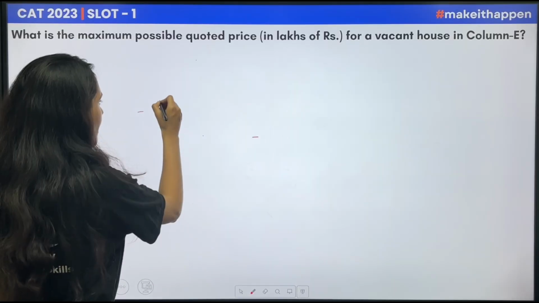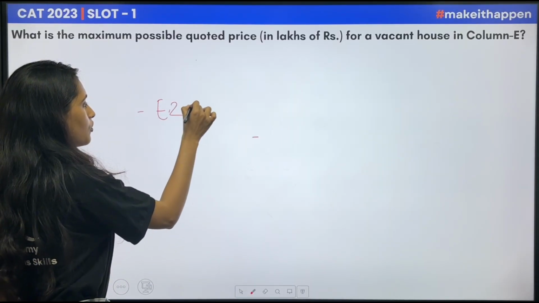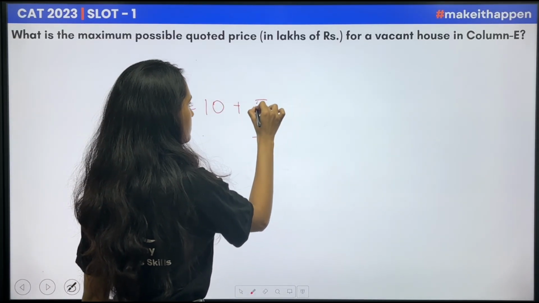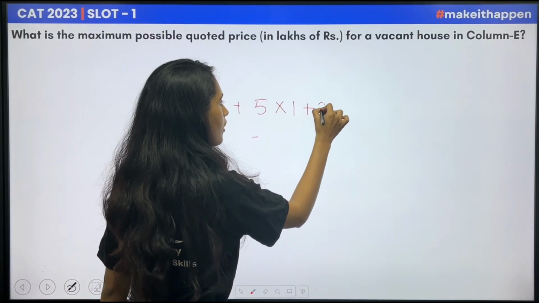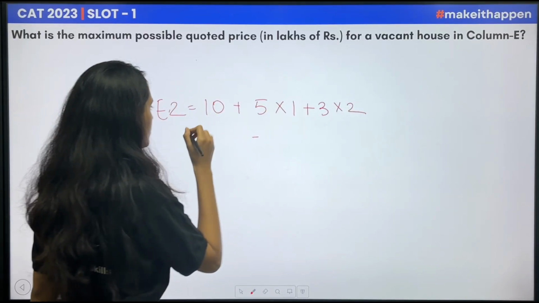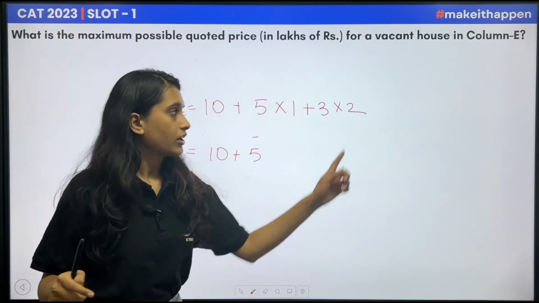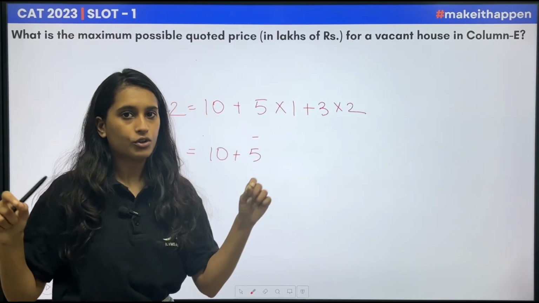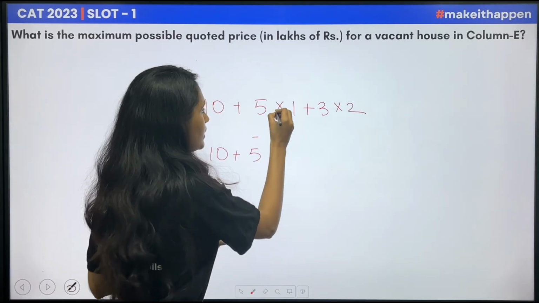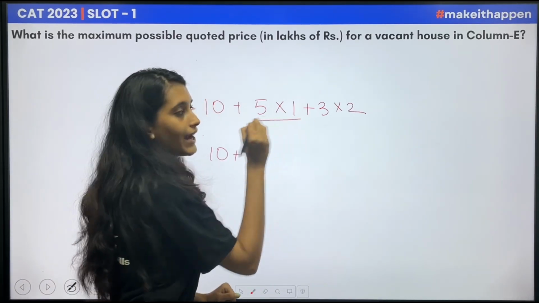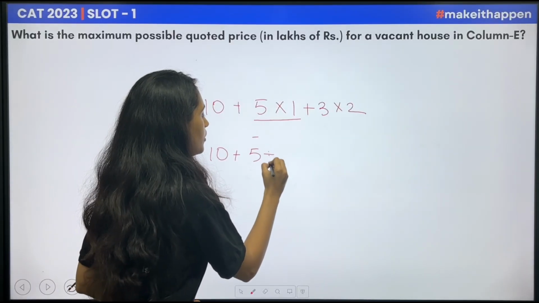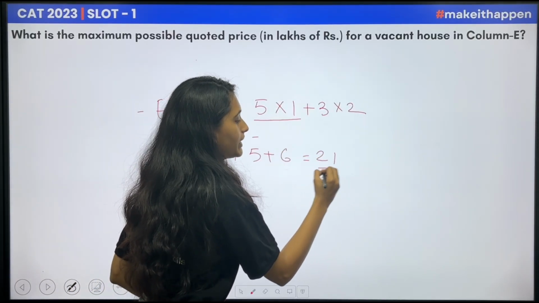E2 does not have a parking space. So, the maximum can be such that both D2 and F2 are occupied. And E2 has road adjacent to it. So, this would come out to be 21.